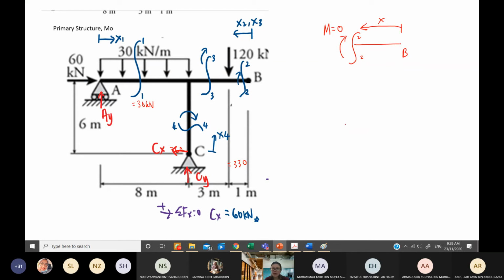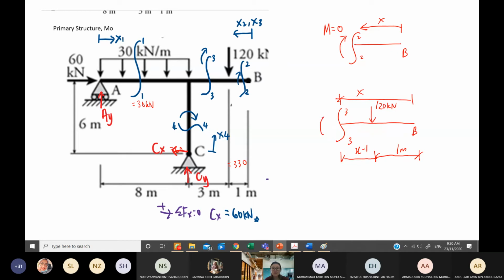Okay, so now I'm going to analyze 3-3, where I start my section from B again, X. This is the cut section 3-3. And don't forget you have 120 kilonewton here with this 3 meter. Sorry, for this is 1 meter. So this is X minus 1.